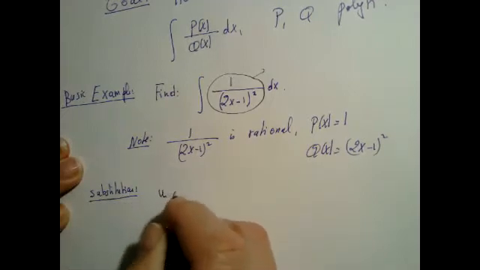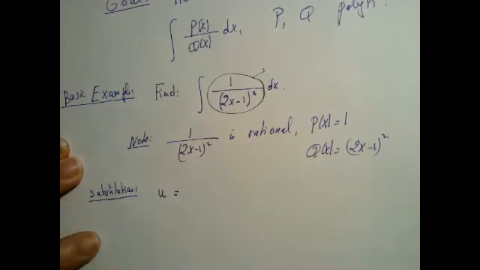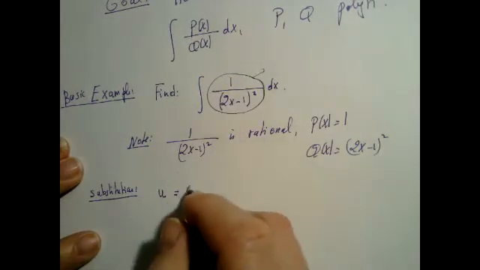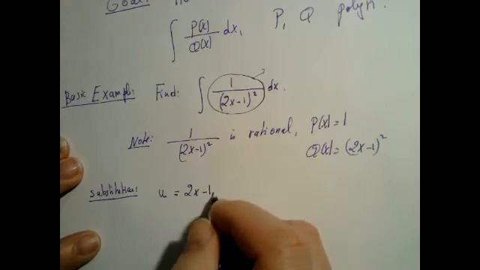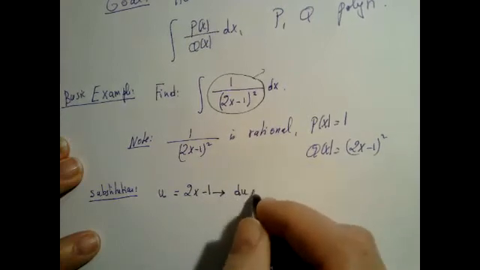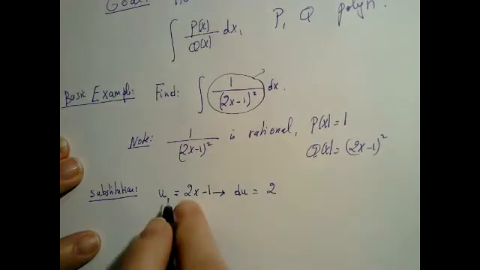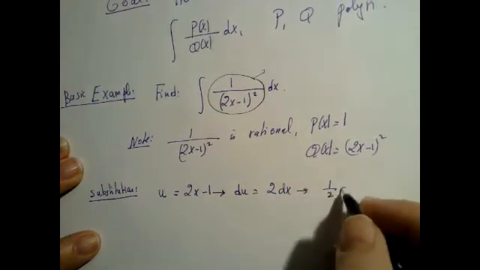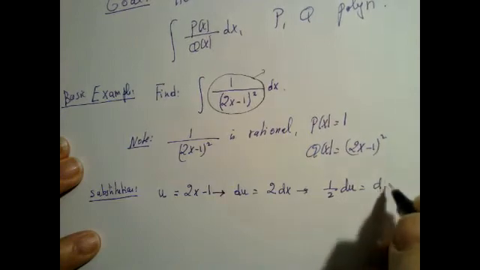I'm going to put u to be 2x minus 1. The derivative of u is 2, which is not really a big deal. So u is 2x minus 1, and du will be 2 dx, which means a half du is dx.